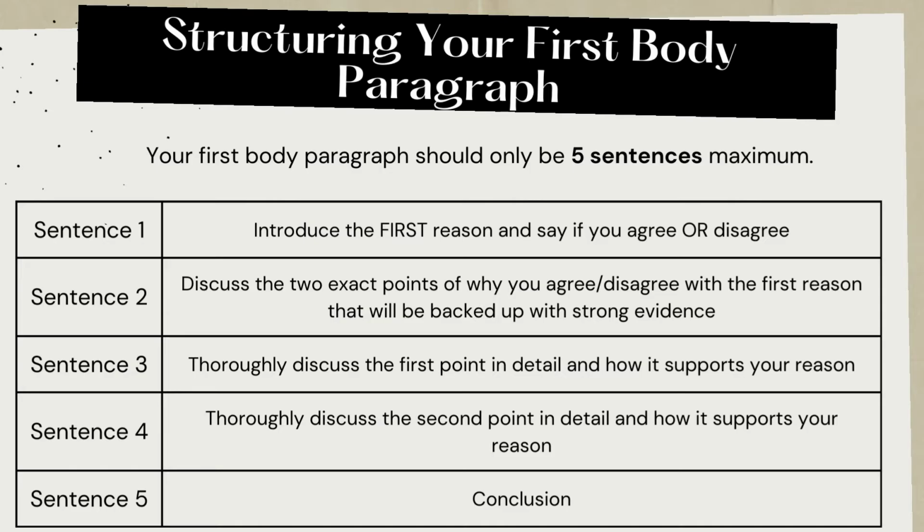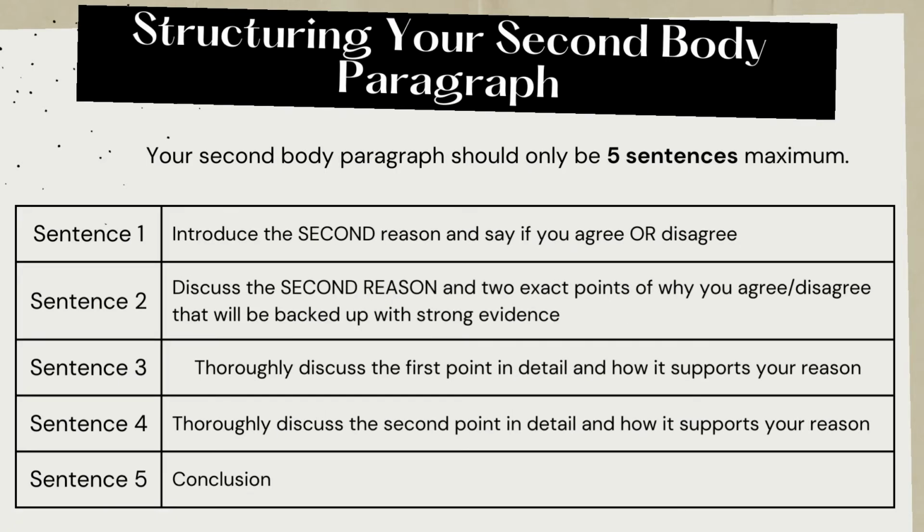And then the third sentence should thoroughly discuss the first point in detail, and the fourth sentence should include a second piece of evidence of why you think this agree or disagree answer is right. Finally, your fifth sentence should include a conclusion which wraps up all your information throughout this paragraph.